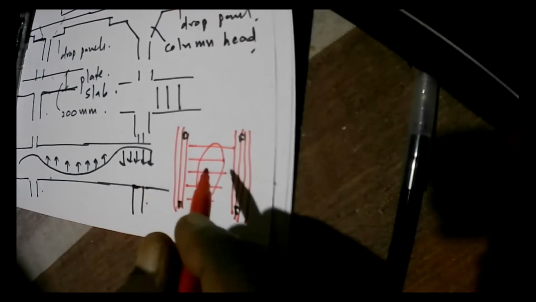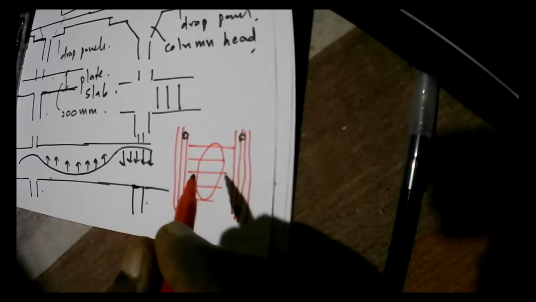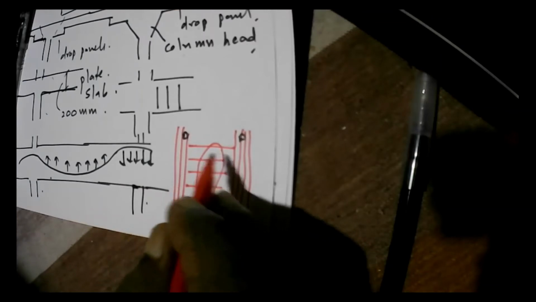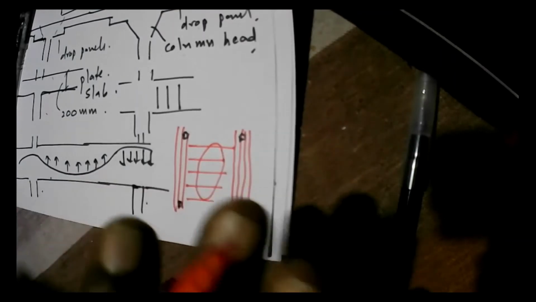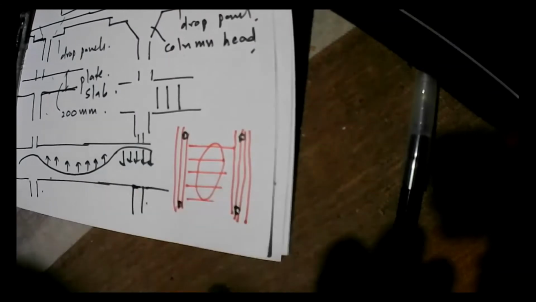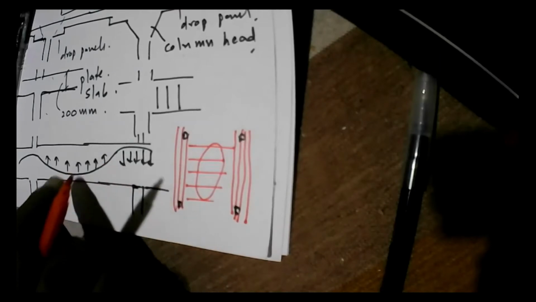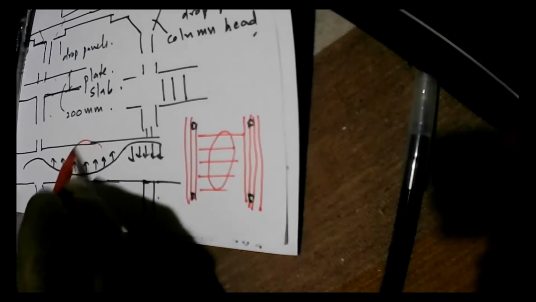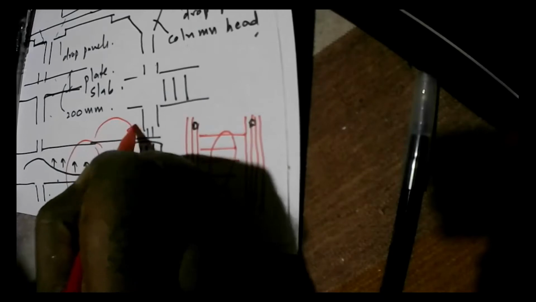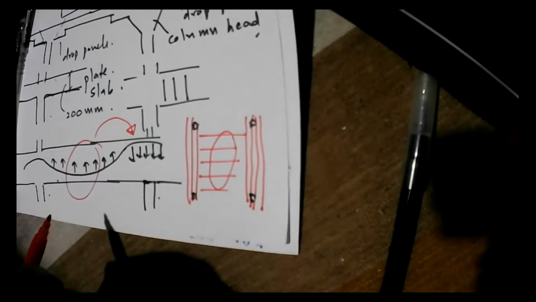Most of the flat slab pre-stressed concrete slabs are designed with this type of system, where you will provide pre-stressing in one direction with parabolic cables, so that the force in the middle part of the structure can be transferred onto the column strips.